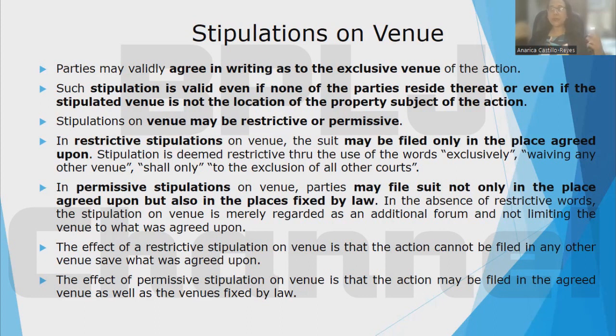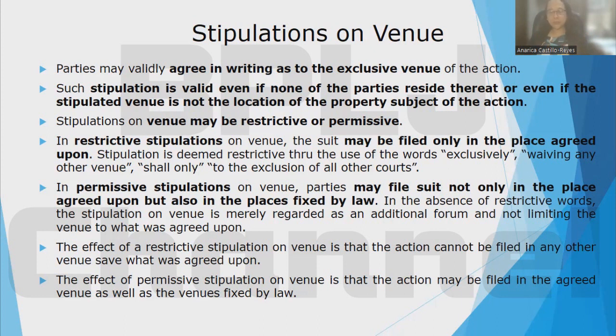So in other words, if you have a permissive stipulation, that is only an additional venue. It does not mean that you cannot file the suit in the courts which are fixed by law as the proper places of venue.